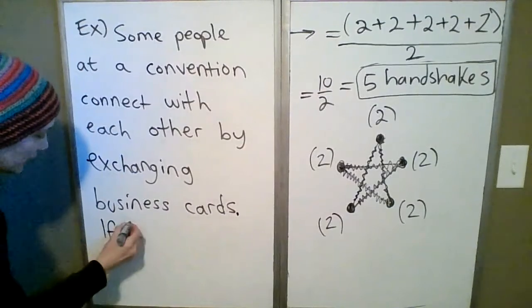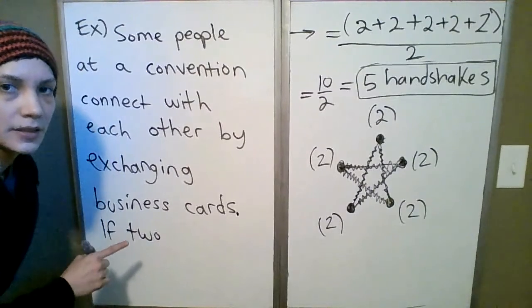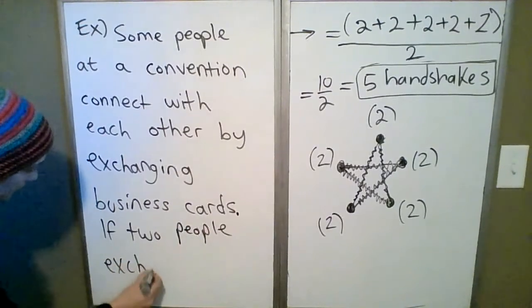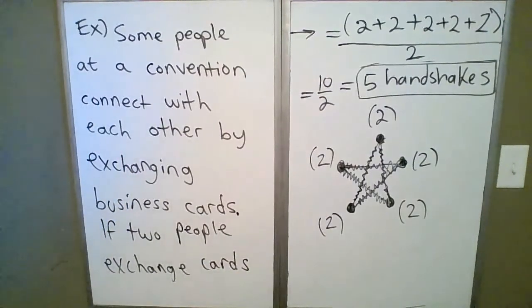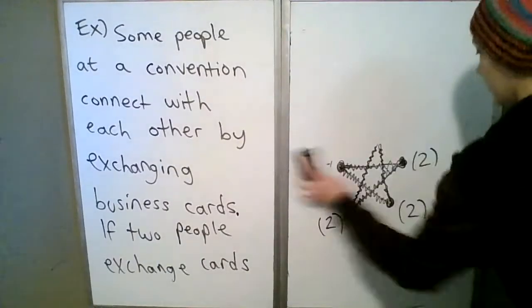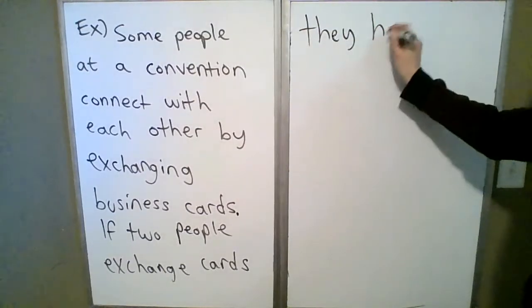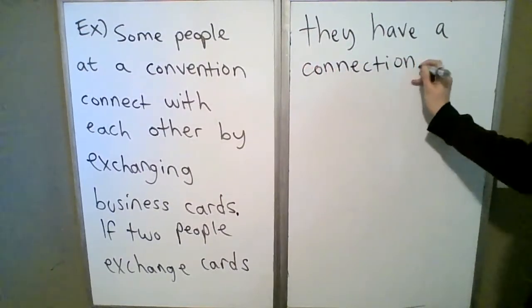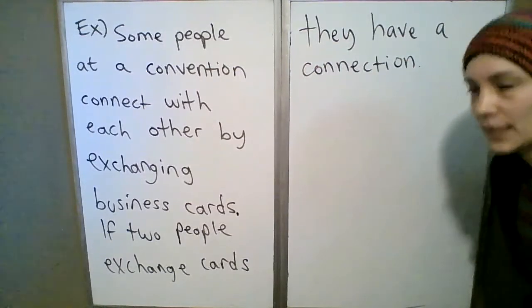So first of all, if two people meet, or if two people exchange cards, they have a connection. How many connections are made?